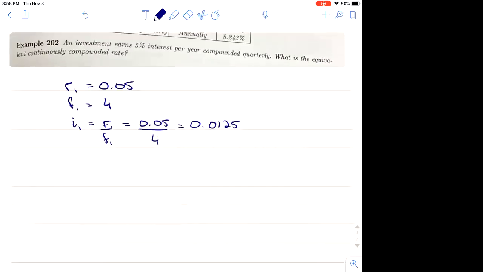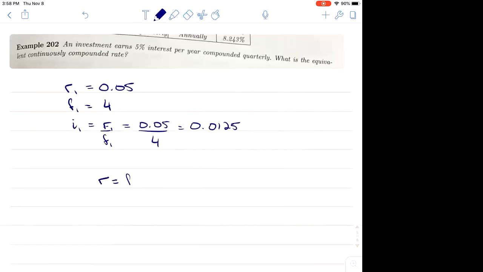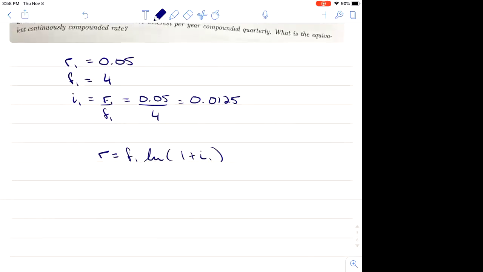So now we can use the formula R equals F1 times the log of 1 plus I1. Oh yeah, no minus 1. F1 is 4 times the log of 1 plus 0.0125. So 1.0125 log times 4.